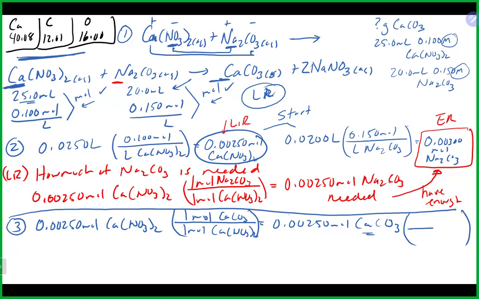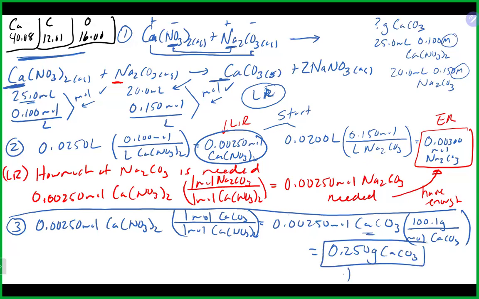So our last step here, 100.1 grams per mole of calcium carbonate from the periodic table, will yield 0.25 grams of calcium carbonate produced in this case. And that would be a theoretical yield, as that is a product.